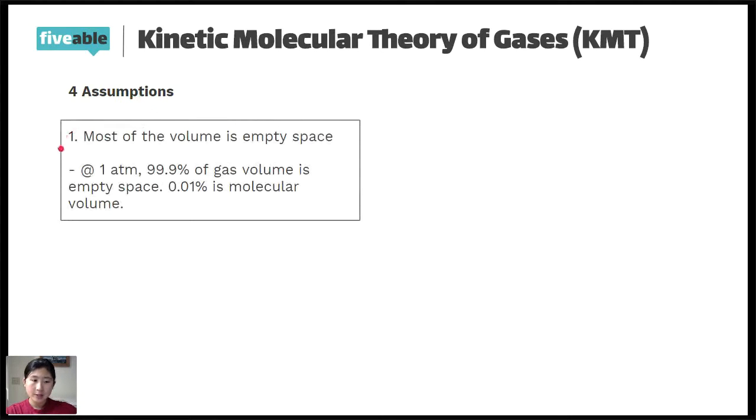All right, the first assumption is that most of the volume is empty space. When we analyze gases, we assume that most of it is empty space. If a gas follows all 4 assumptions, then it's a normal gas, not abnormal, not close to condensing, which is one of the deviations.